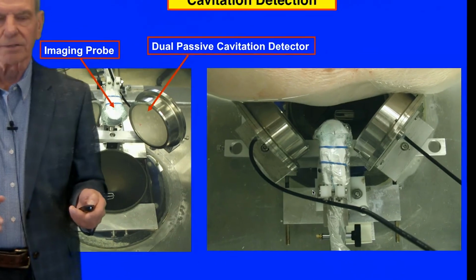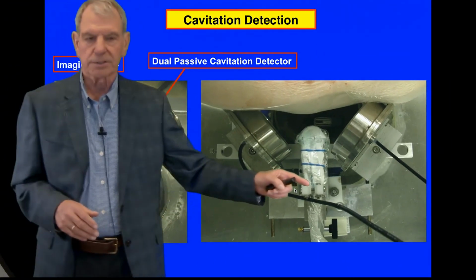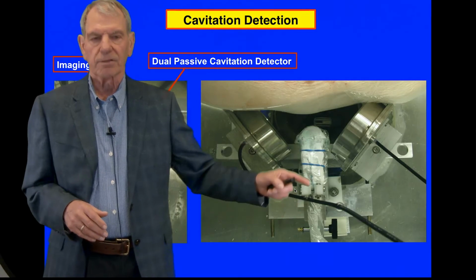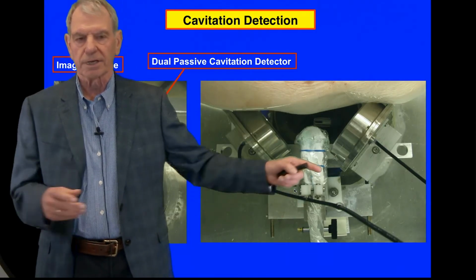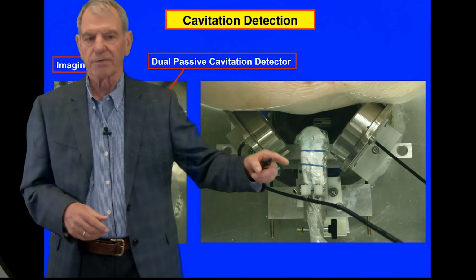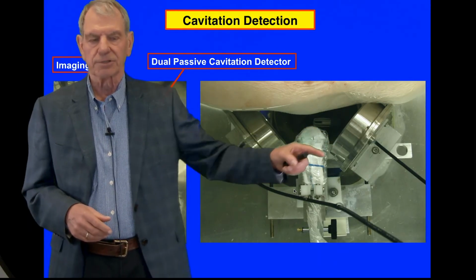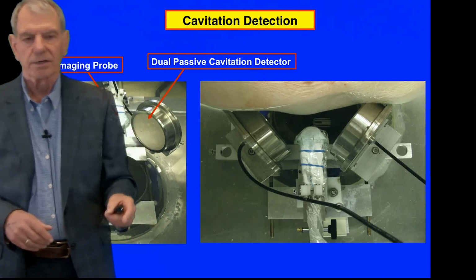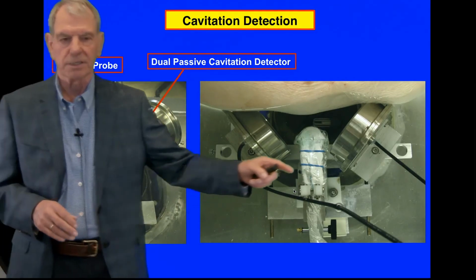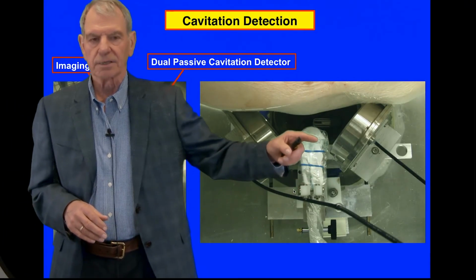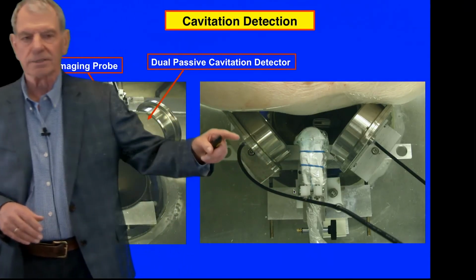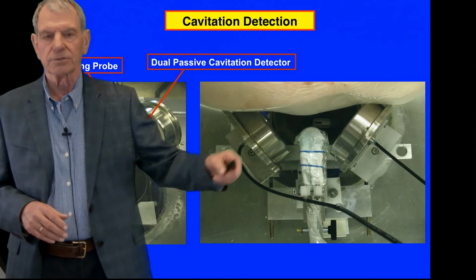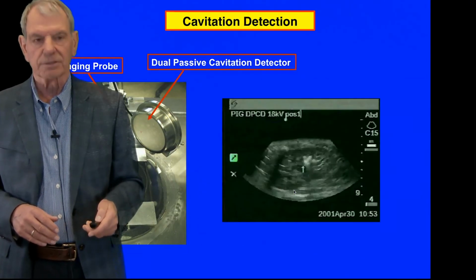And so in this particular case, there is an imaging system that can look at the tissue, of course, diagnostic ultrasound, and then we have these two passive cavitation detectors that are passively listening. The diagnostic ultrasound system can actively look at it. These listening transducers are passive detection.